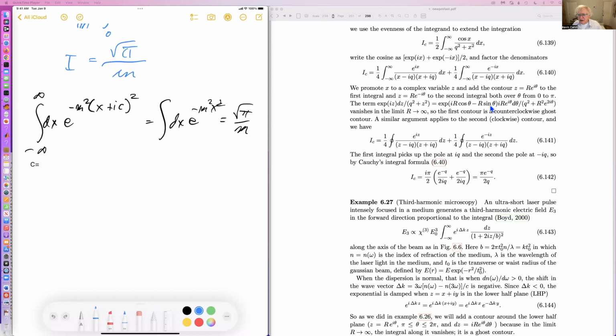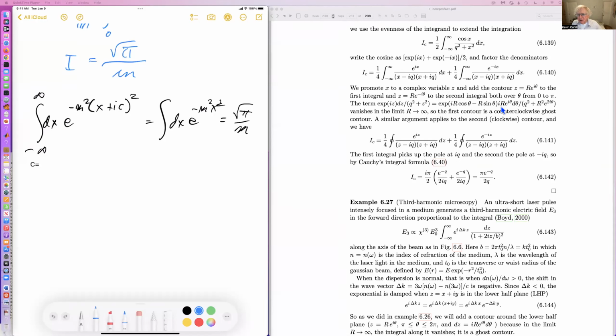It is then these terms here, and this vanishes in the limit r going to infinity. And so that first contour integral is a ghost contour.